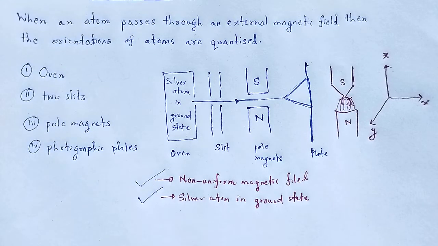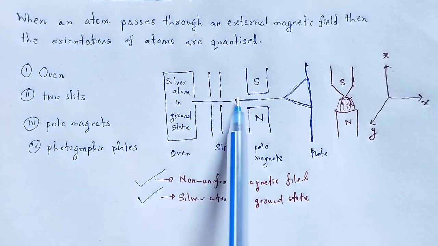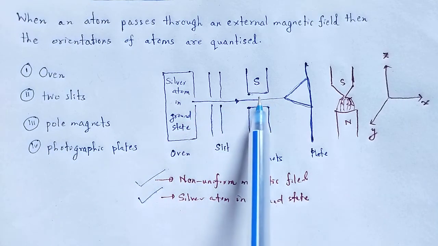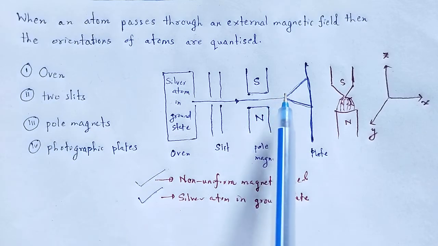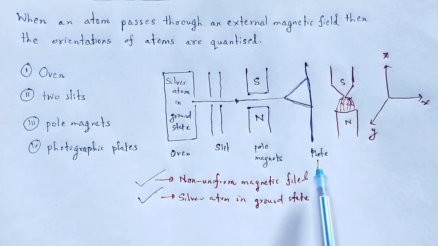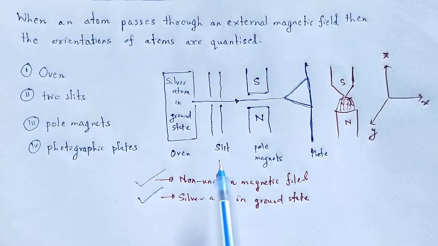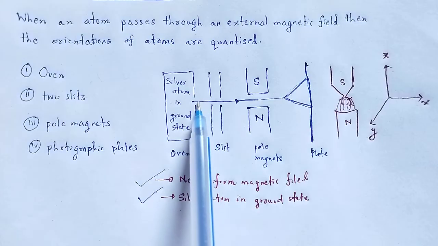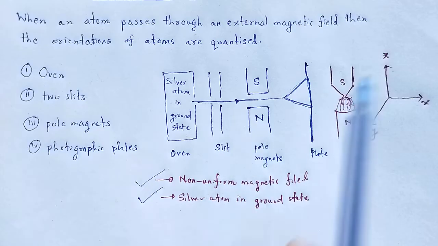Now, what are the observations? When the silver atoms pass through the slit and along the non-uniform magnetic field, two traces are observed on the photographic plate. But actually, if we think, when the silver atoms pass through this, there will be various types of orientations.